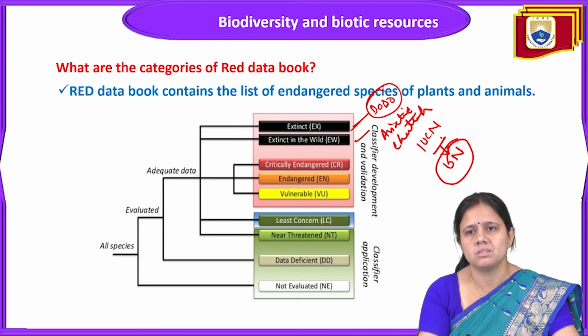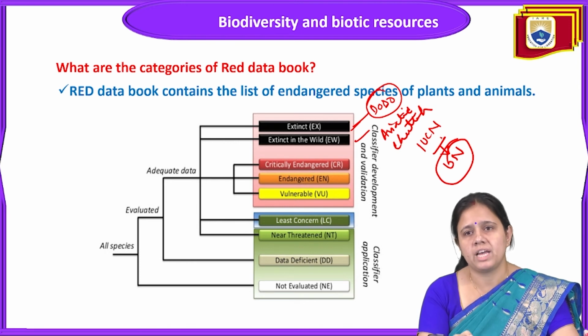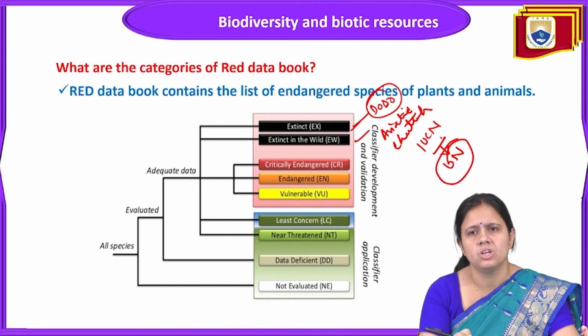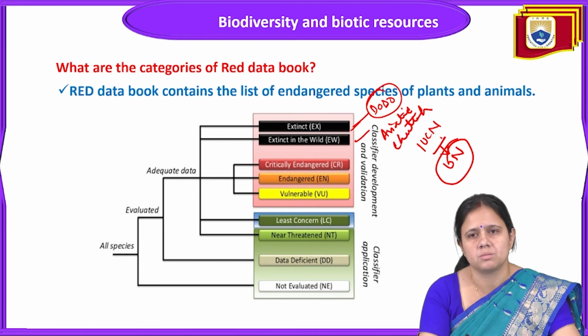Next is critically endangered, then vulnerable. Critically endangered means those species that have a very high risk of getting extinct. Endangered is that which is endangered but doesn't have very high risk. Next is vulnerable, means they are under threat of becoming endangered in the coming days if we do not save them. Next is least concern, means we have very little concern about these species.